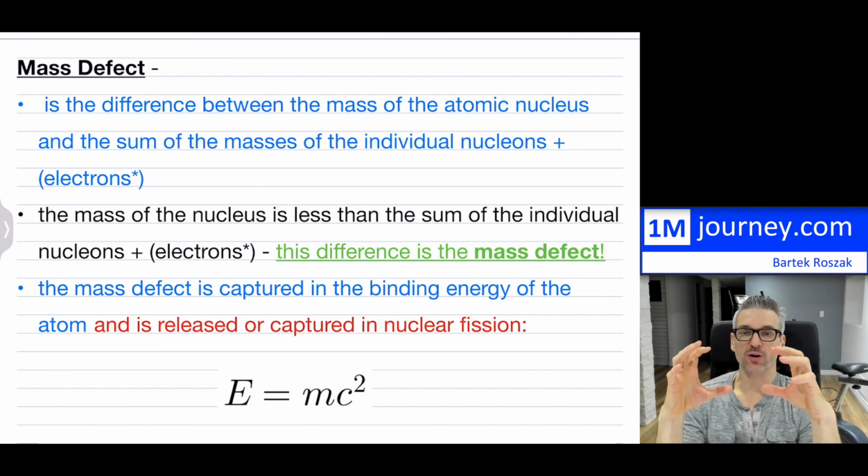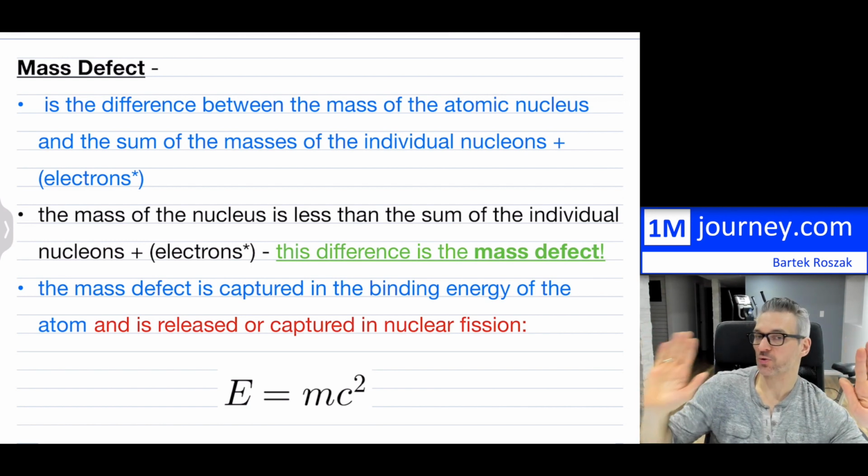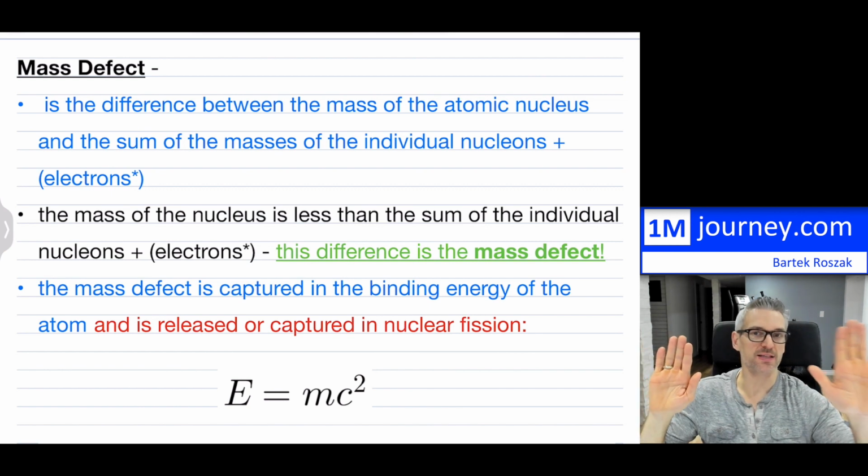And then you can also take individually all of the protons and the neutrons, the nucleons. As you add all of those individual items up together, you can see what the difference is between the actual mass of the atomic nucleus and what I get when I sum them all up together.